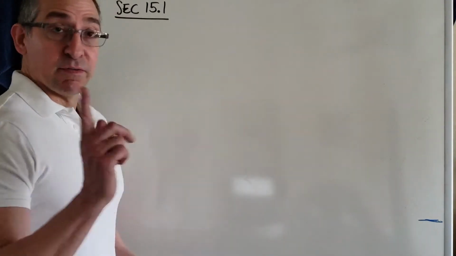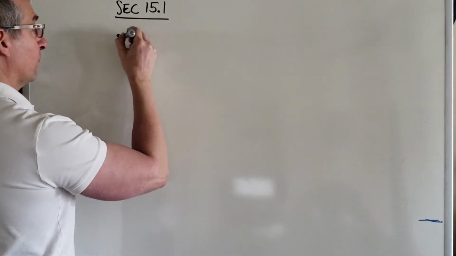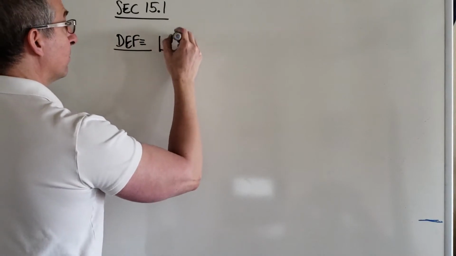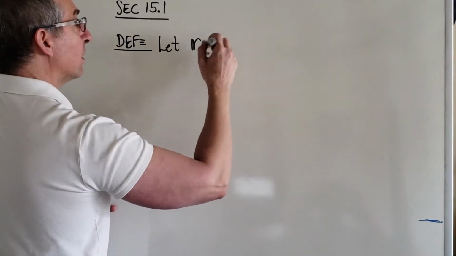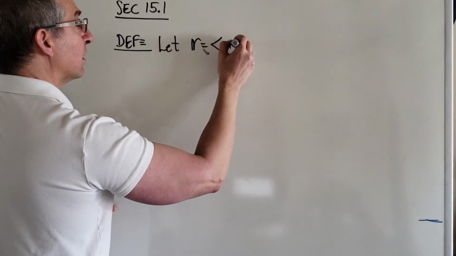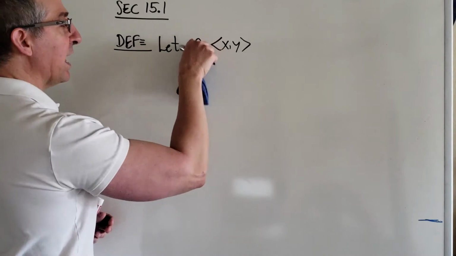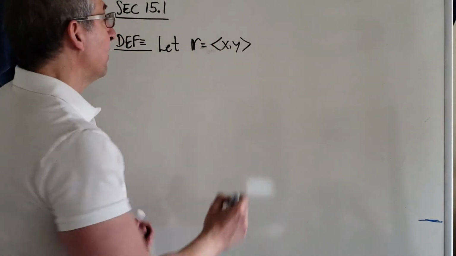All right, so the first special case, gang. Okay, let r equal <x, y>. That'd be like a position vector, okay?